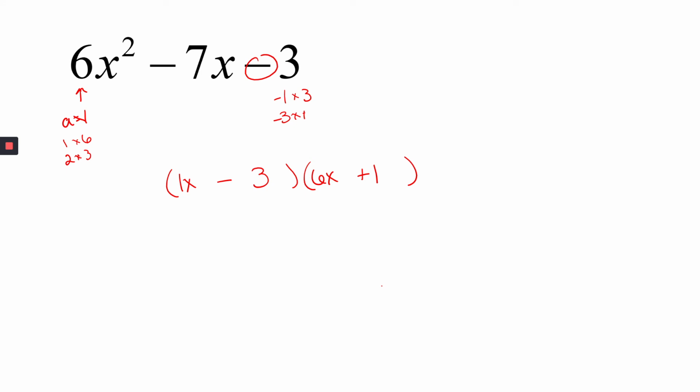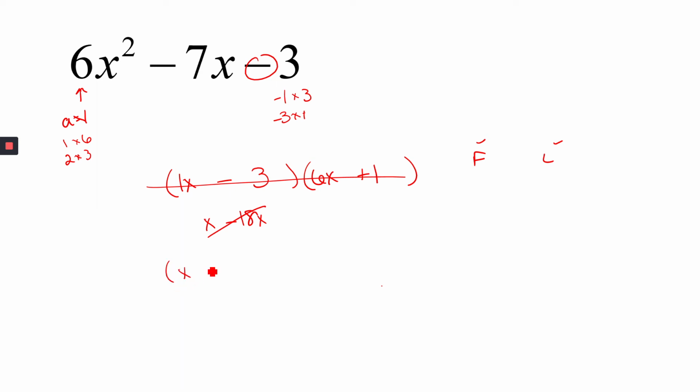Okay. Now I know that the F and the L work on FOIL. I just need to check the O and the I. So the O would be 1x times 1, which is x. The I would be negative 3 times 6, which is negative 18x. I'm looking for negative 7, and that does not work. Okay, so I know that's wrong. Another couple little tricks here.